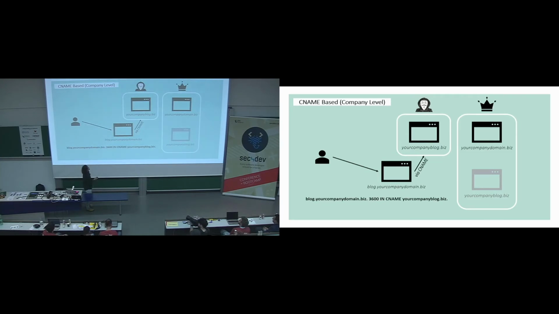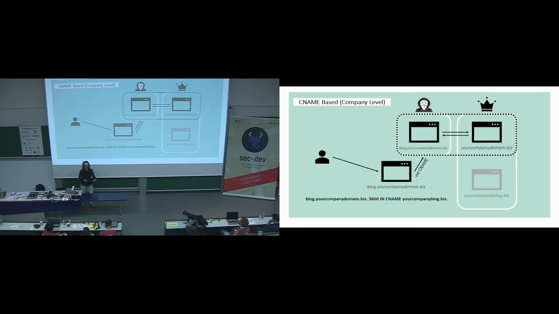If you notice a change right now, obviously, people could go to yourcompanyblog.biz, which is a completely different domain than yourcompanydomain.biz, but they could still go to blog.yourcompanydomain.biz. And at this point, the world is changing a little bit because right now it's the same domain. It's just a subdomain of yourcompanydomain.biz.